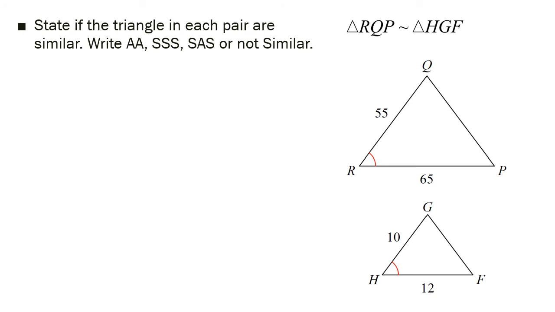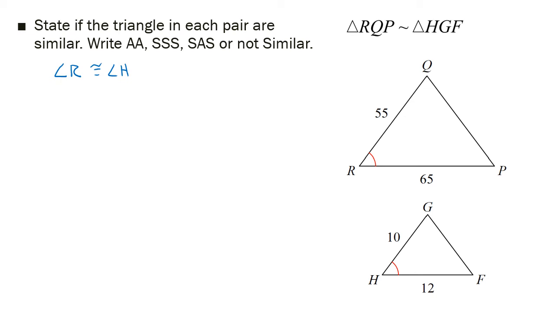Okay, so for this one, we have some information about sides and an angle. So we can easily see that angle R and angle H are congruent. So since we have an angle that's congruent, that's between two side lengths with measurements, it's likely SAS, but we got to prove it.